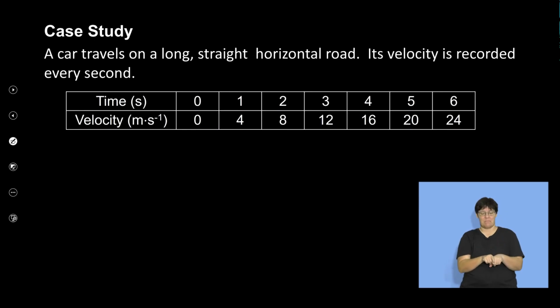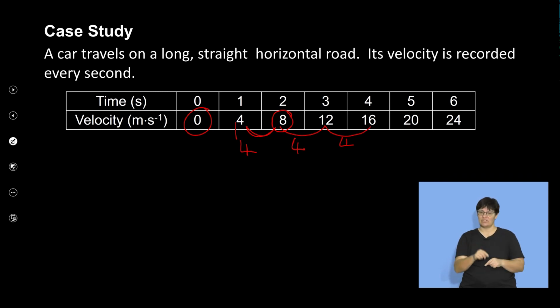Now I want you to see something. As we look at it, the first velocity, okay, that's 0. Then it's at 4 meters per second, and now it goes to 8. The difference between those two numbers is 4, okay? Then it went to 12. The difference between those two is 4. Then it went to 16.